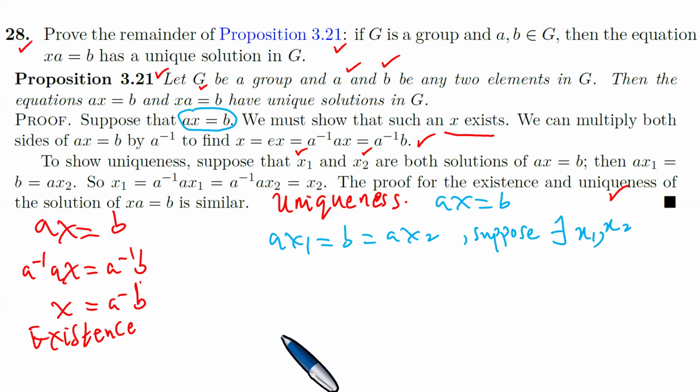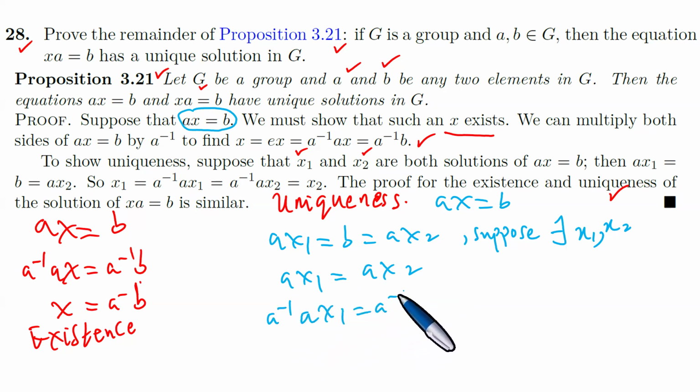And to do this, what then do we do? It would mean that AX1 equals AX2. And if this is the case, then you can write A to the power minus 1 AX1 is equal to A to the power minus 1 AX2.